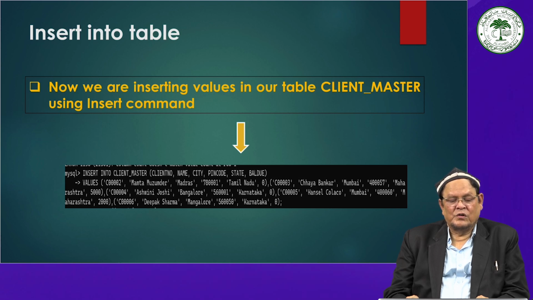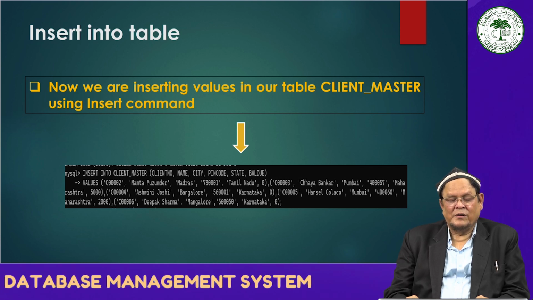C002, Mamta Majumdar, Madras, comma, 8001, Tamil Nadu, balance 0. Then this is the first value in the table.